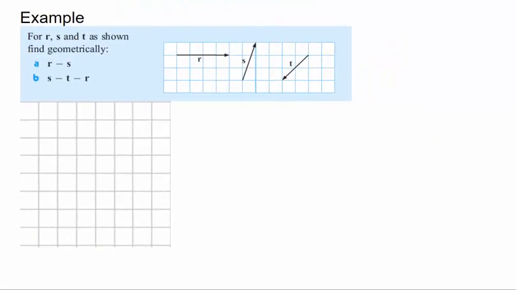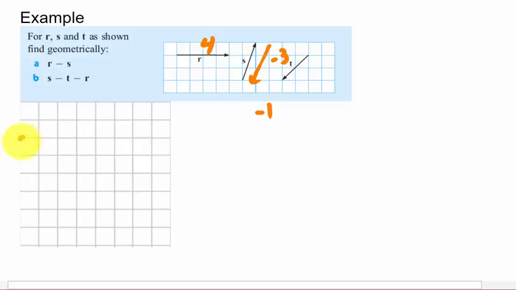So for this question, I'm going to take R, which is 4 units horizontally, none vertically. Then I want to subtract S. So that means that it's the same size, magnitude, it's just an opposite direction. So it looks like it's -1 horizontally and -3 vertically. So I'm going to start with R, and I have 4 units.